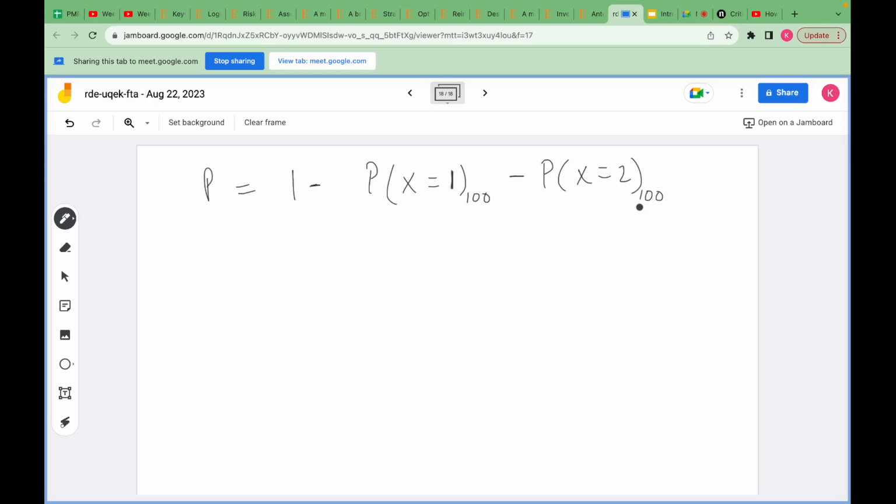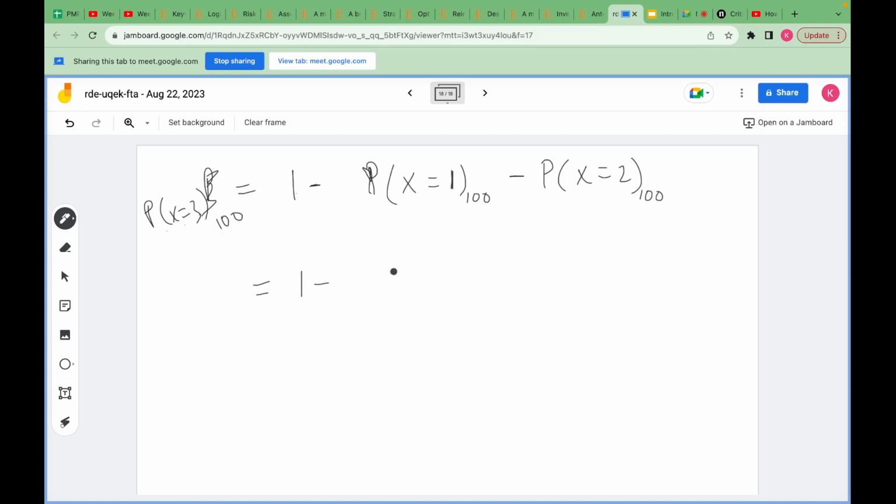This is the probability that the third misprint happens after the 100th page.